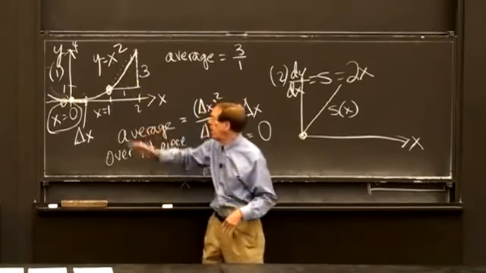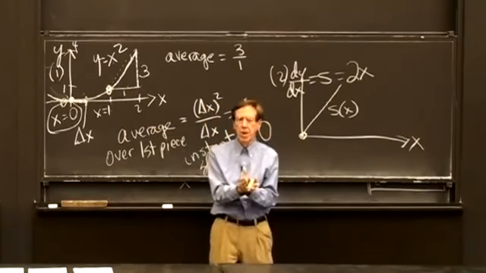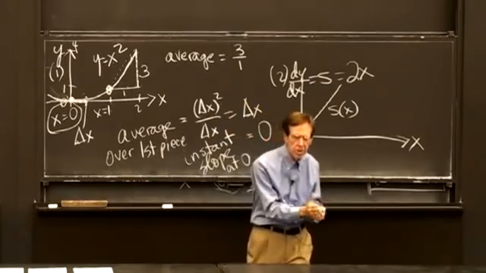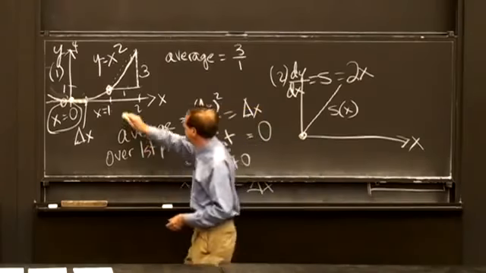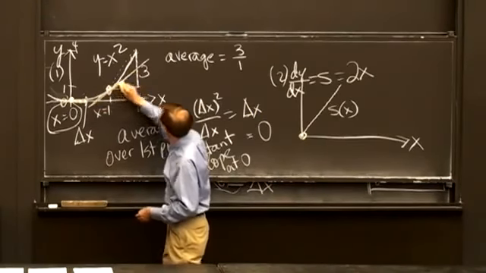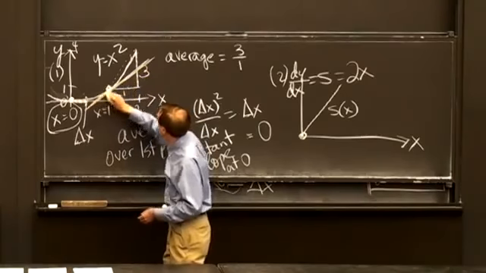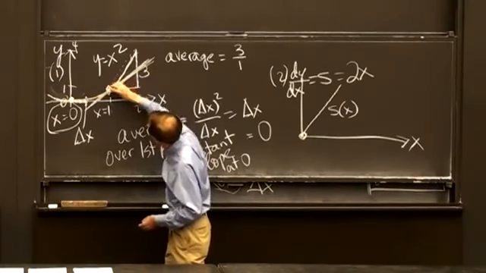That's over a big jump of 1. Then I did it over a small jump of delta x, and then I let delta x go to 0, so it was an infinitesimal jump. So the actual slope, the way to visualize it, is more like that. That's the line that's really giving the slope at that point.